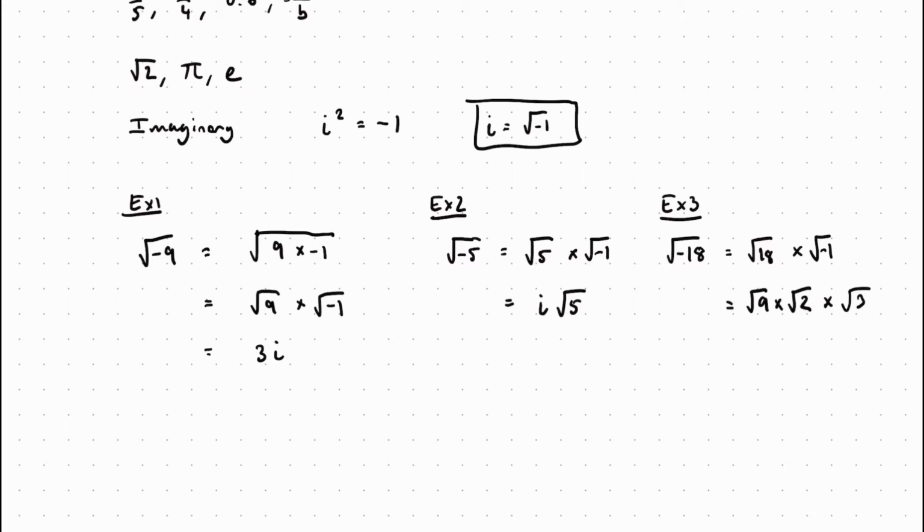But in this case, root 18 can become root 9 times root 2. So this just becomes 3i root 2, or 3 root 2 i, however you'd like to write it. Probably 3 root 2 i is the better way of writing it, so 3 root 2 all times i.